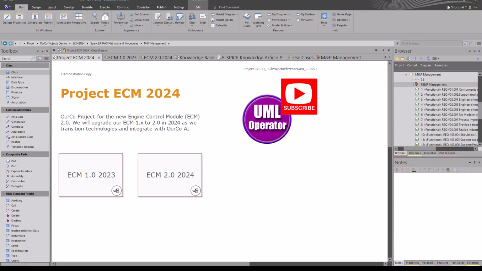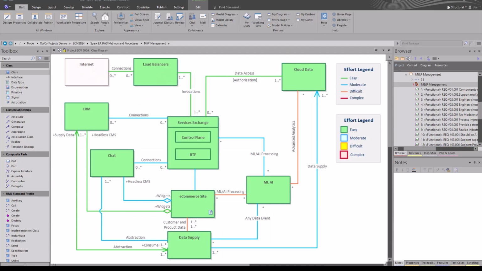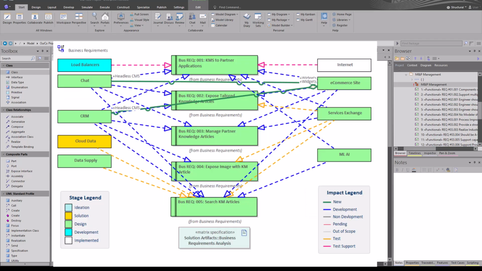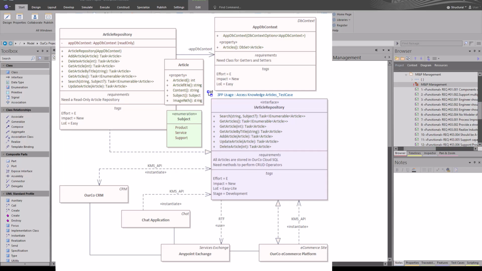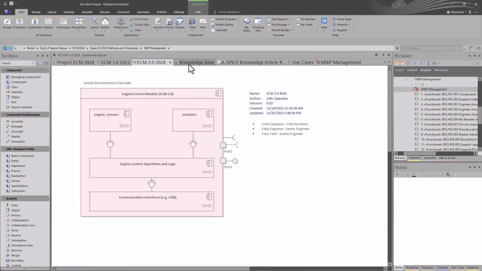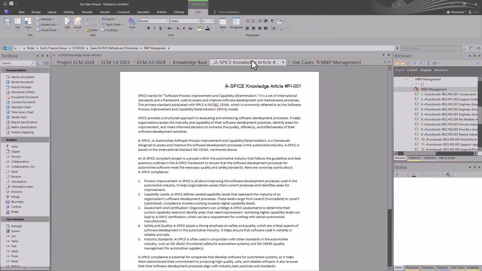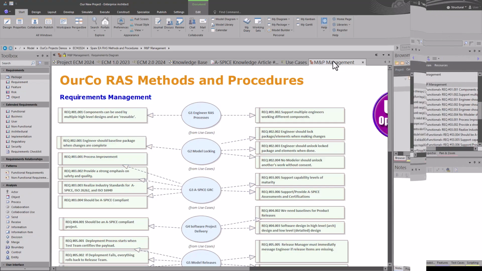UML compliance is crucial for some scenarios. For example, large-scale collaborative projects. When multiple teams or stakeholders are involved, compliance ensures everyone speaks the same diagram language. Regulated industries. Industries like aerospace or finance often require standardized UML diagrams for documentation and audits.